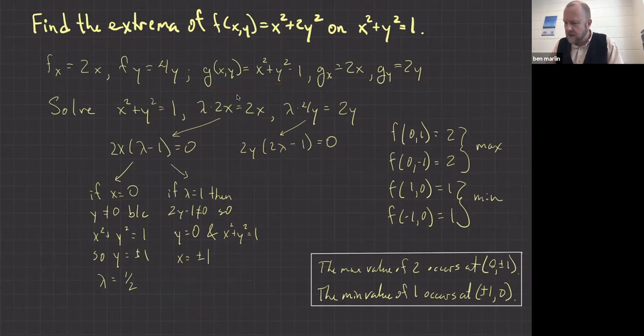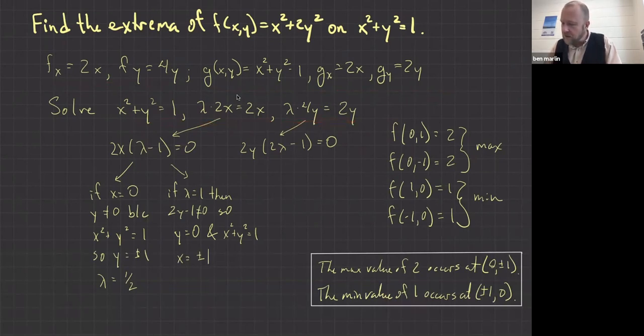Okay, so once we've got the f sub x, f sub y, g sub x, g sub y, then we're going to say, I want my constraint to be true, and then I want my lambda times f sub x, damn it, I put them backwards this time. It shouldn't matter. Lambda times f sub x is equal to g sub x, and lambda times f sub y is equal to g sub y.